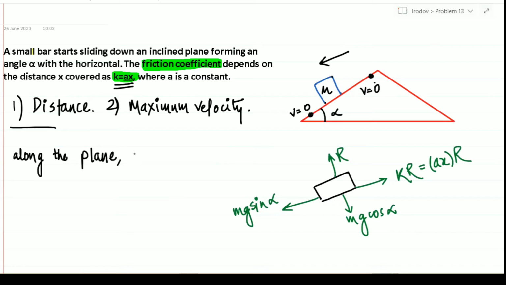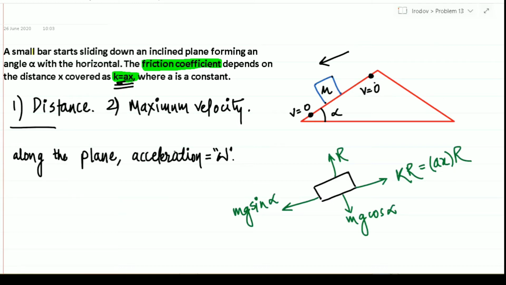Let us assume that the acceleration has a value equal to w. I would have taken a, but it is going to confuse us with the a here in the formula for coefficient of friction.